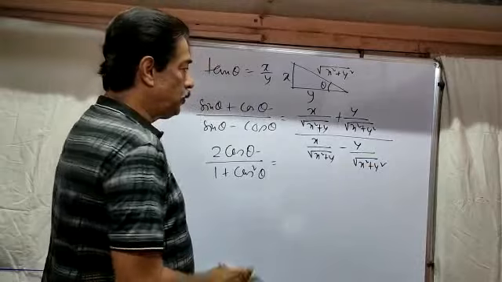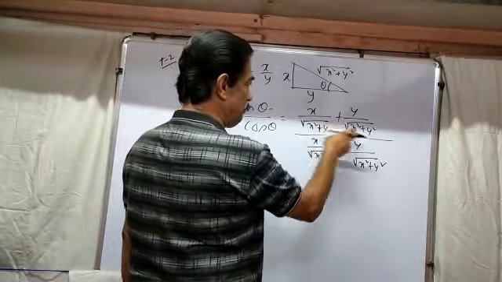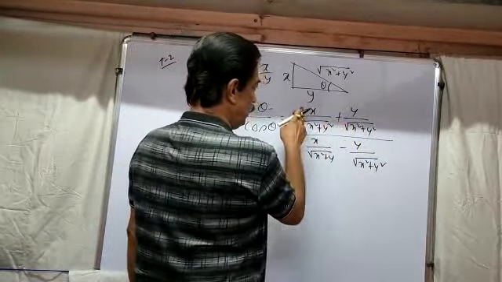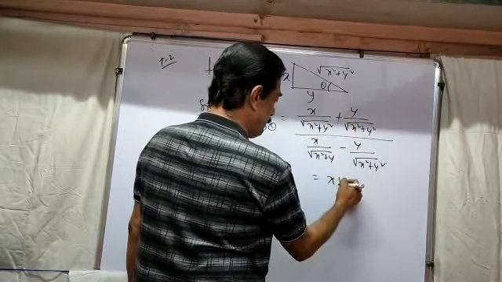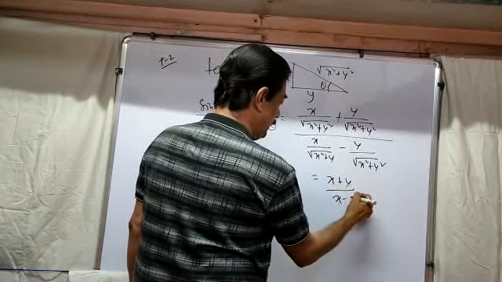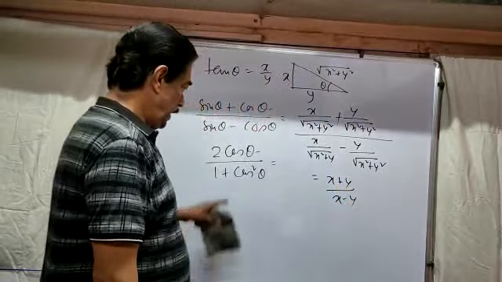Now the denominator is the same, so upper portion x plus y, lower portion x minus y. So the direct result is x plus y by x minus y, that is your answer.